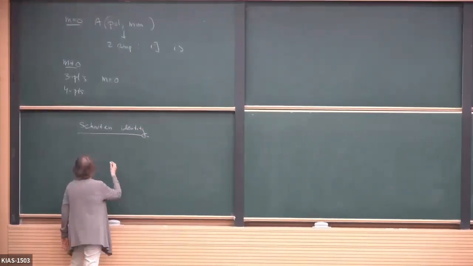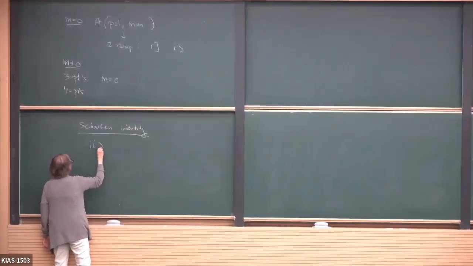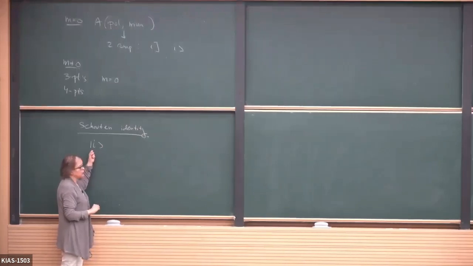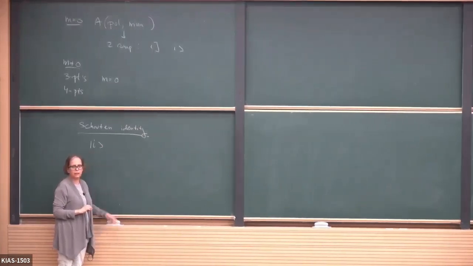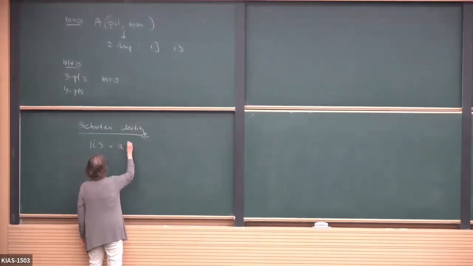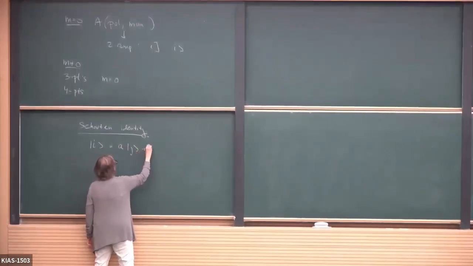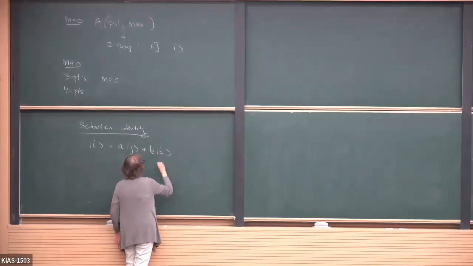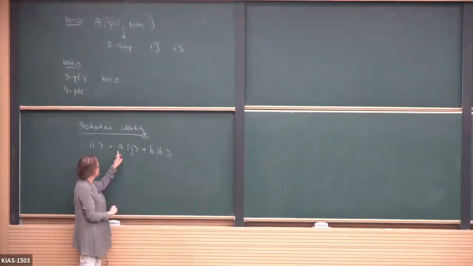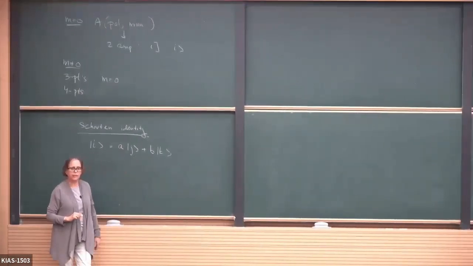If you think about these two-component spinors, it has two components. So we can span it in terms of two independent spinors. So I can write it as some constant a times j plus some constant b times k for some independent spinors j and k, where these a and b are just complex numbers.